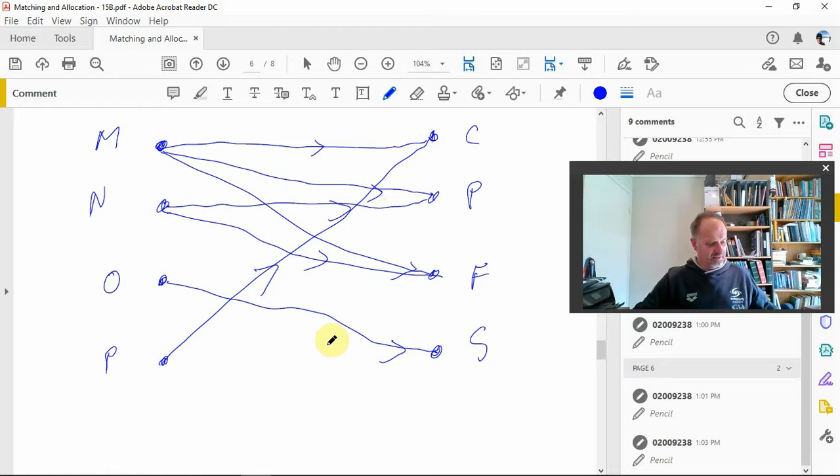All right, and so now we can do step 8. We can do some allocations from this. So step 8 is our allocations. And so Penny and Orianthe can only do one thing.